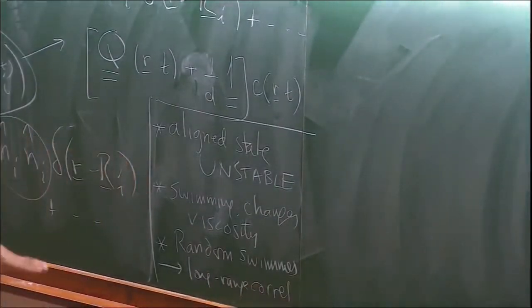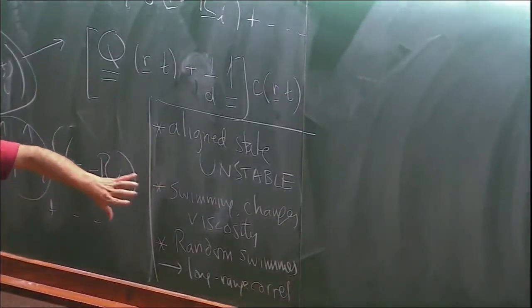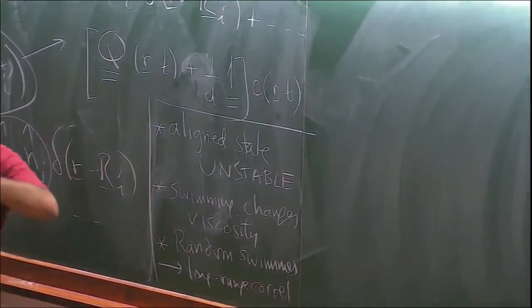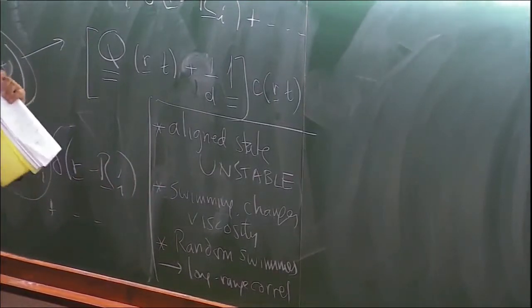I'm just writing it to have it somewhere. Globally aligned states turn out to be unstable. Globally aligned states in an unbounded system turn out to be generically always unstable.